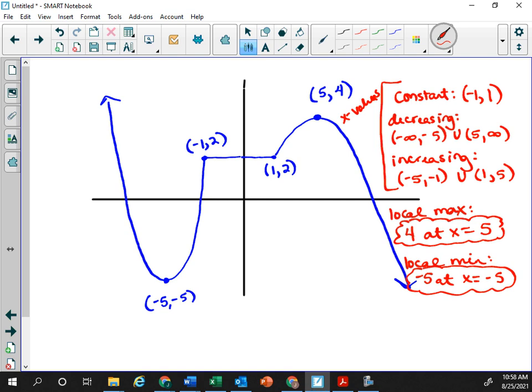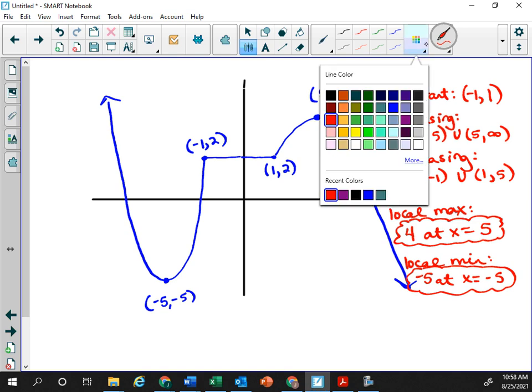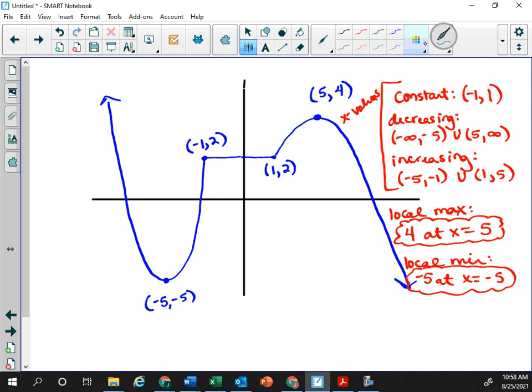Let me draw one more line on here and see if you remember what it's called from geometry. If I draw a line like that that touches the graph in 2 points. Anybody remember what that line is called from geometry?